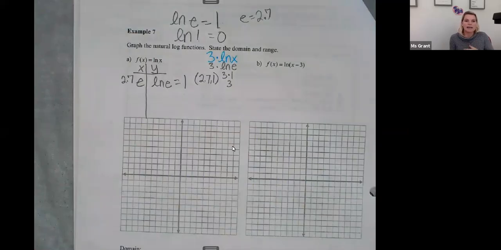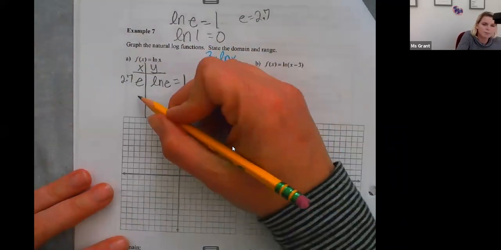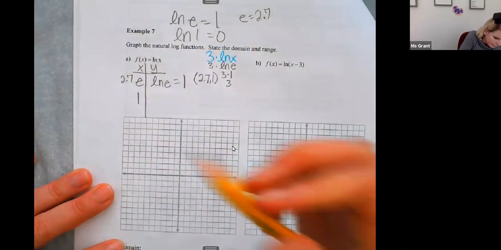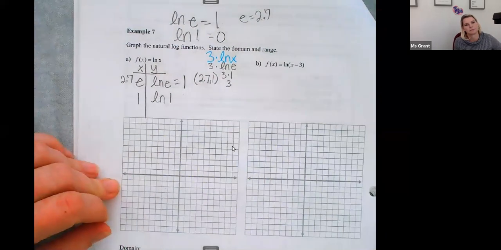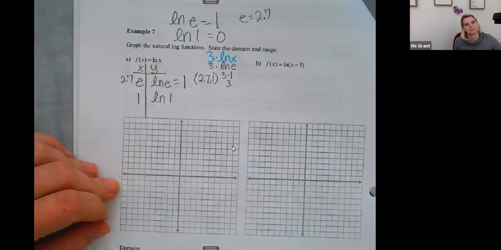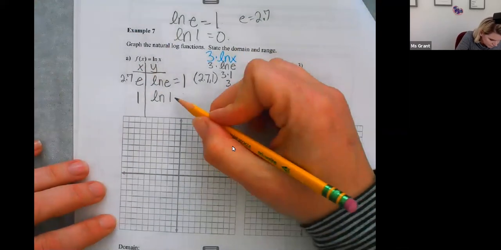I want ln of E. I also want natural log 1. So I'm going to put a 1 there, and it's going to be ln of 1. What's ln of 1? 0.